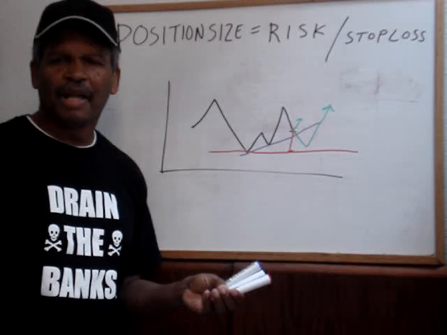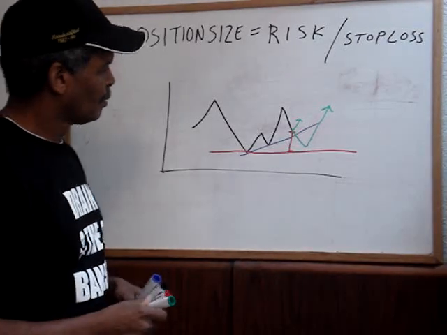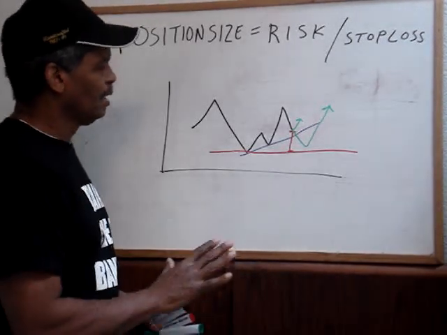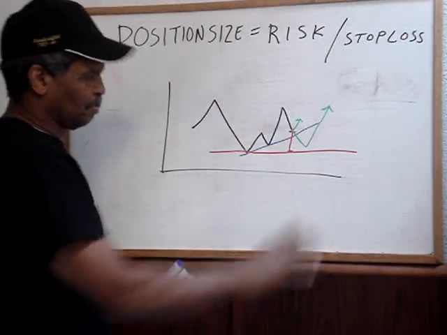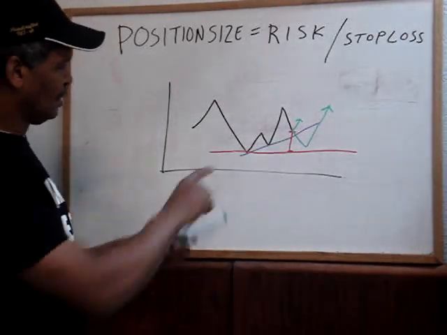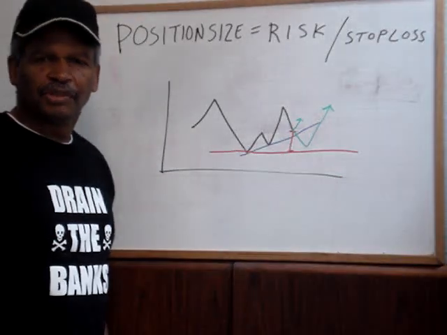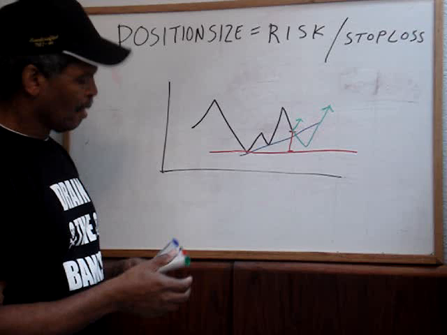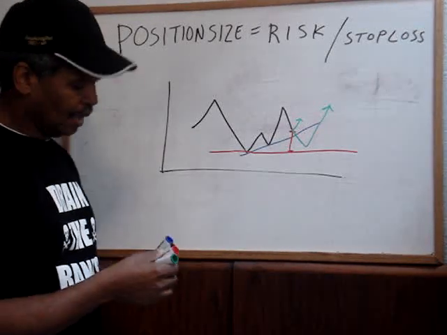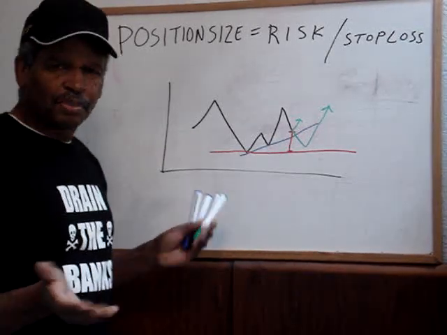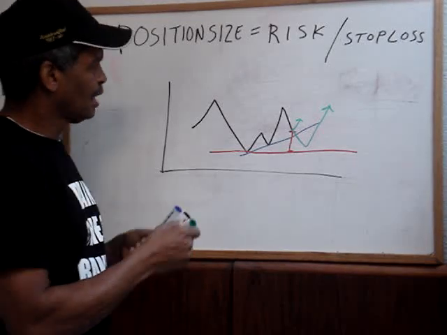Now, once again, this is my opinion. But to me, when I look at this particular chart, this is the level that makes sense to place your stop. Because we know, based on price action, what can happen.